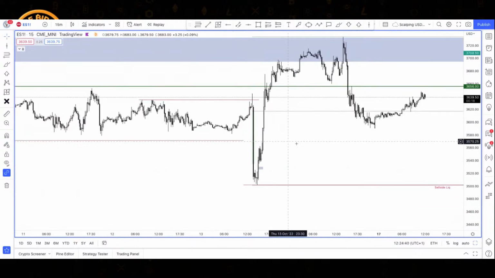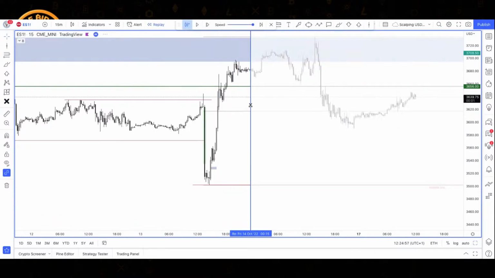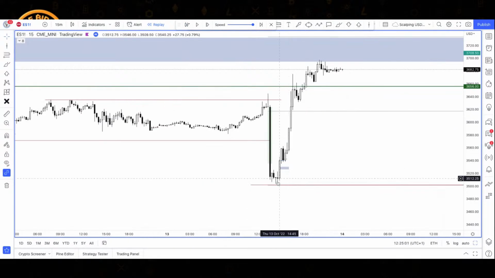This red line here represents our sell side liquidity. Now, we came down and took that out. Now, this sell side liquidity that's down here has been left from this. So we didn't know that was there at the time. However, we knew this was. So when this is here, quite simply, when price stops here, where does it come down from? Here, right?